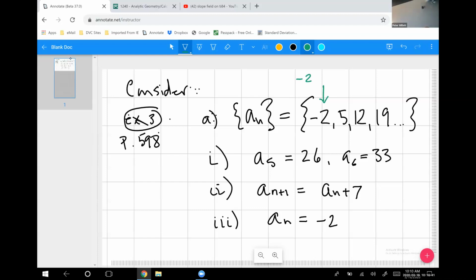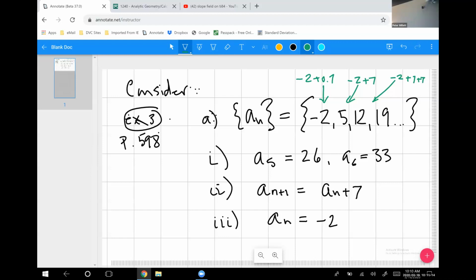And we're adding 7 as we move each time, but in the beginning we haven't moved, so I've added 0 times 7. In the next term, we have -2. We started with a -2, but then we added a 7. To be in the third term, we have -2. And we added 7 to get to the second term, and then we added 7 to get to the third term.